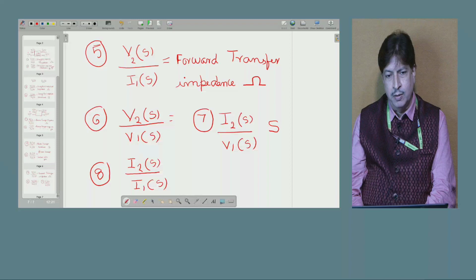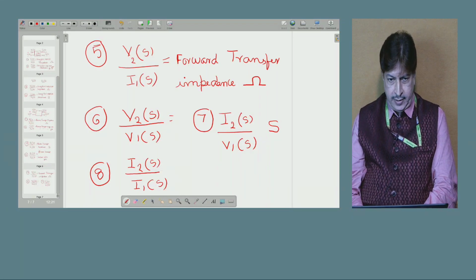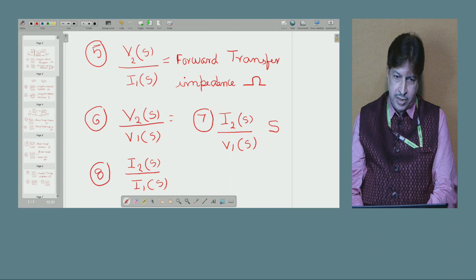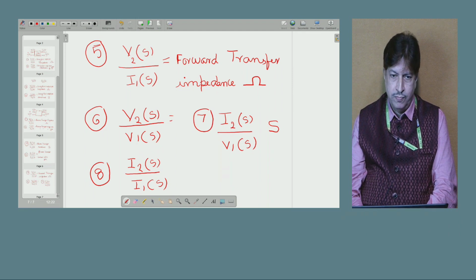current variables. So, if we look back into the discussion we had till now, every network can be represented in the form of a two-port network, assuming that all the elements of that network are inside that black box.